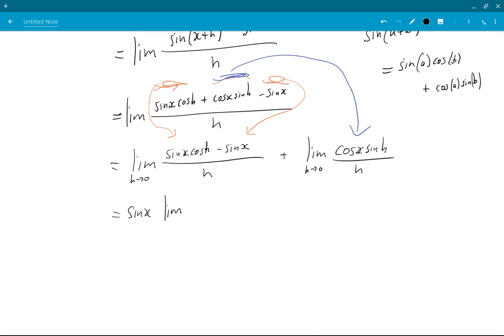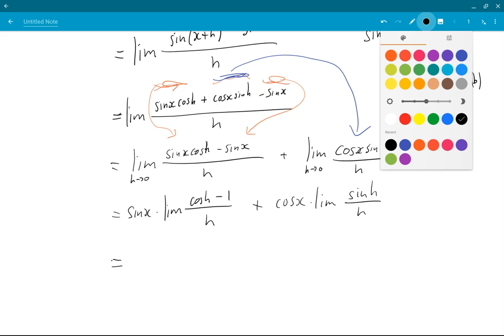So sine x times the limit of cosine of h minus 1, divided by h, plus cosine of x times this limit.